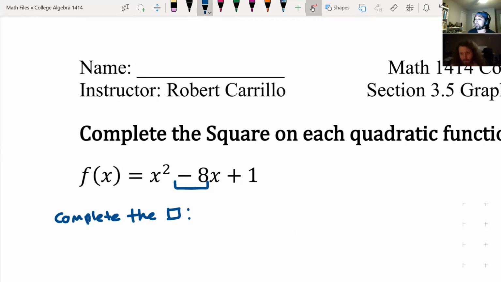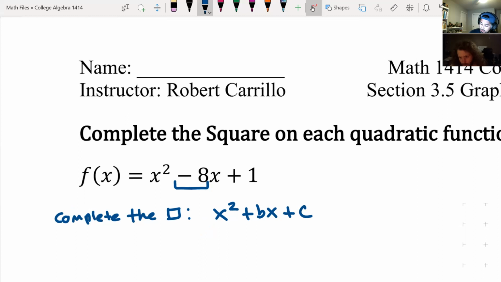And also, one thing to note about completing the square is that your function must be in this form: ax squared plus bx plus c. So our function must have a leading coefficient of 1. If it doesn't have a leading coefficient of 1, then we have to do some factoring. We have to fix it in order to get a coefficient of 1.